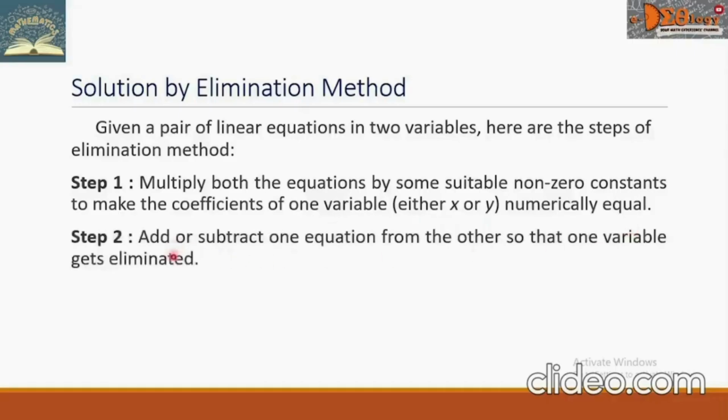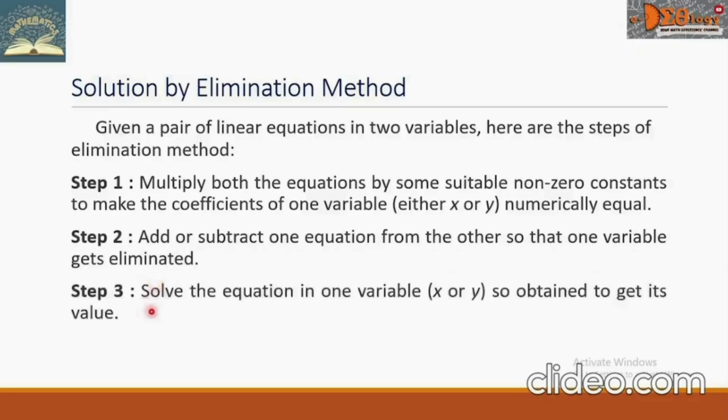Step 2. Add or subtract one equation from the other so that one variable gets eliminated. Step 3. Solve the equation in one variable, x or y, so obtained, to get its value.